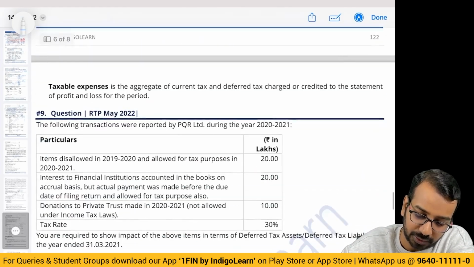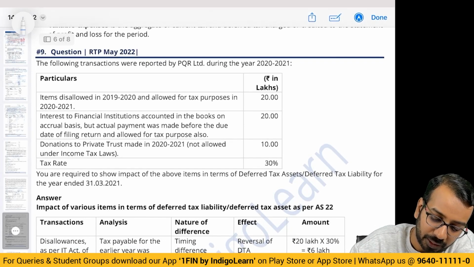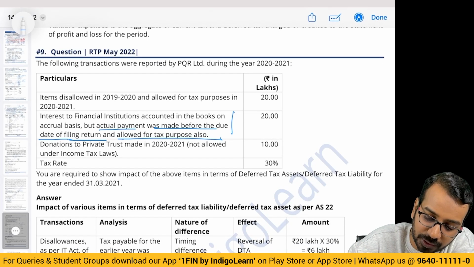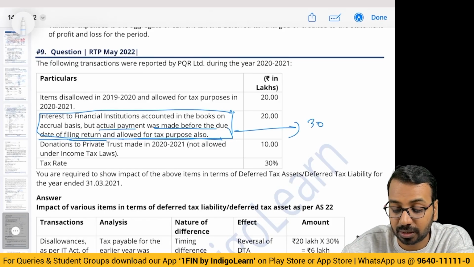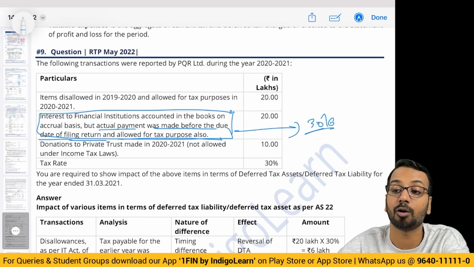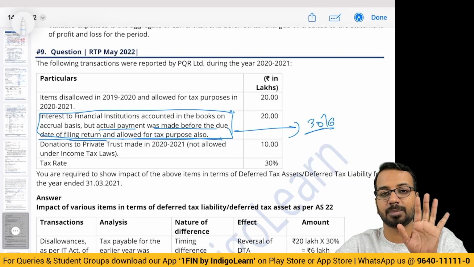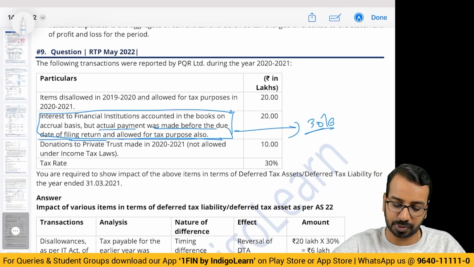Very simple. So here if you see, actual payment was made before the due date of filing return and allowed for tax purpose. So here they have given a detailed explanation. In the other question they have just given 30th June. So you have to be careful on how you analyze. Again I am telling you, if no information has been given on allowance and disallowance in the question, you will assume that it is allowed for income tax purpose.